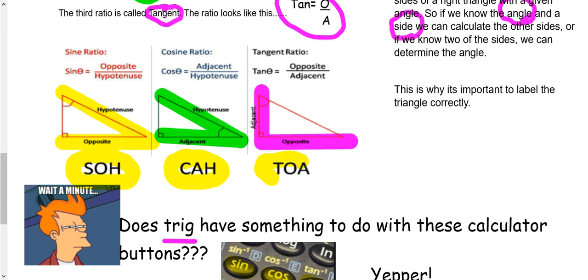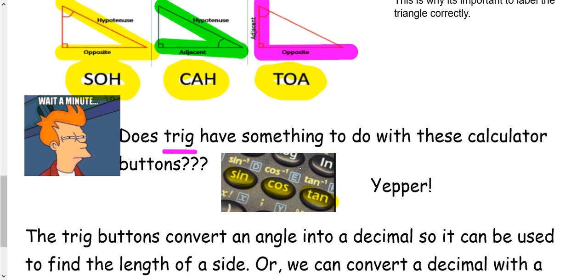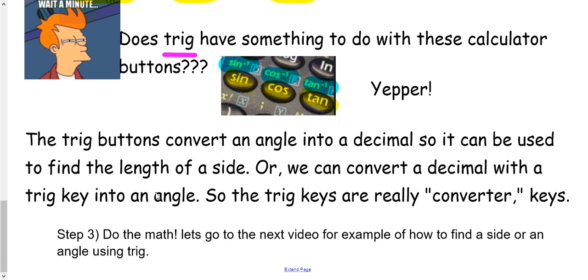So if we've picked the trig ratio because of the information from our triangle, we just have to use the right button, and then we'll get it. Also, I'm going to point out here this sine with a -1, cosine with a -1, and tangent with a -1. That'll be important in the last lesson when we talk about finding the angle of a triangle. Right now in this lesson, we're worried about finding the sides, so we're going to be okay.